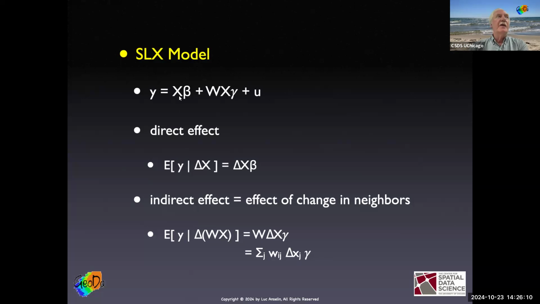So delta x is the same everywhere. You might as well call it 1. It doesn't matter. A unit change in x. We just talked about this a few minutes ago. If all these x's are the same in all locations, what are all the Wx's?